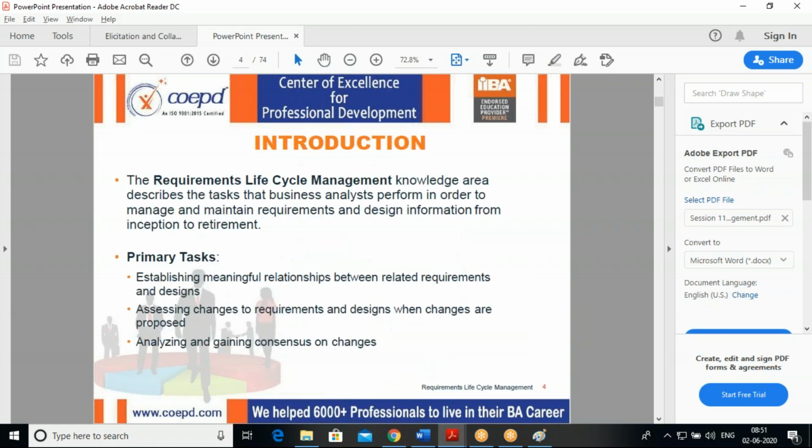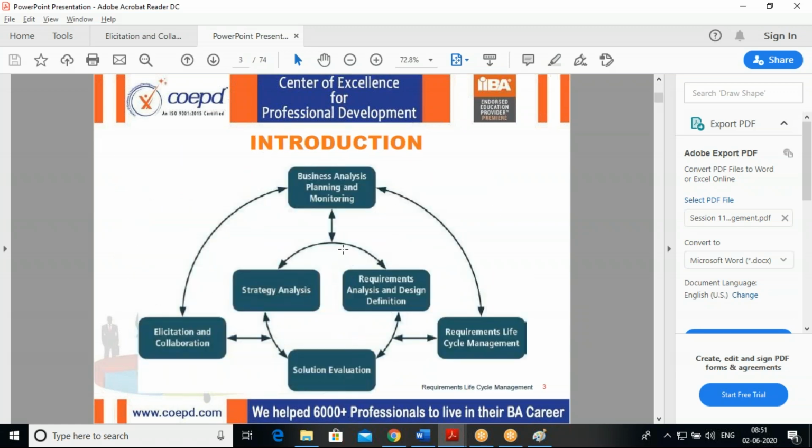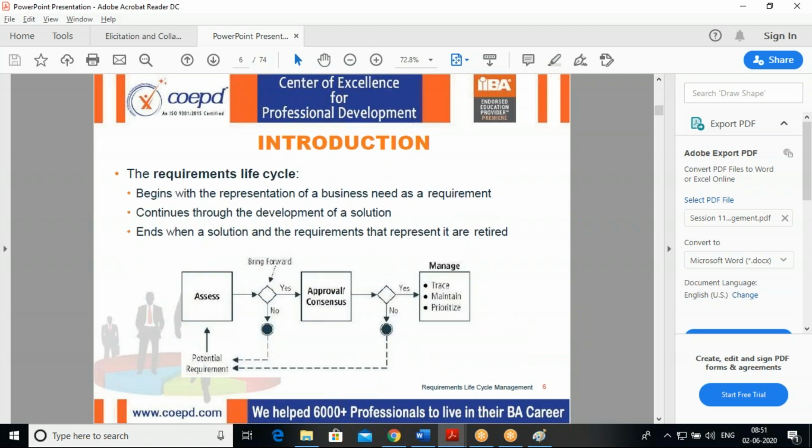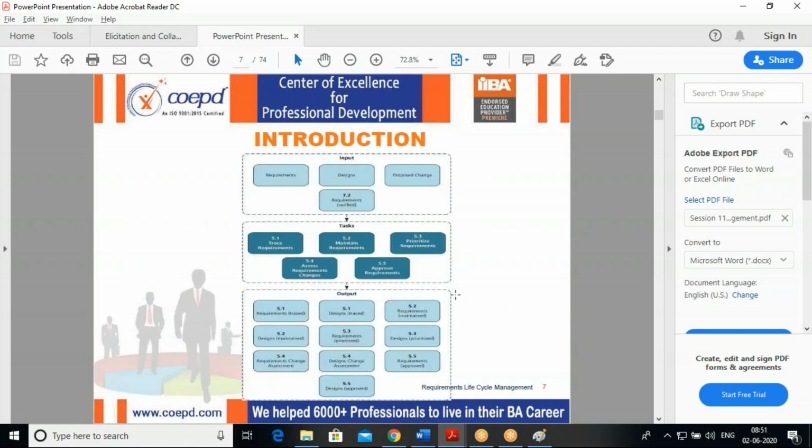In requirements lifecycle management, we have 5 tasks. One is trace requirements, second is maintain requirements, third is prioritize requirements, the fourth is assess requirements changes, and the fifth is approve requirements.